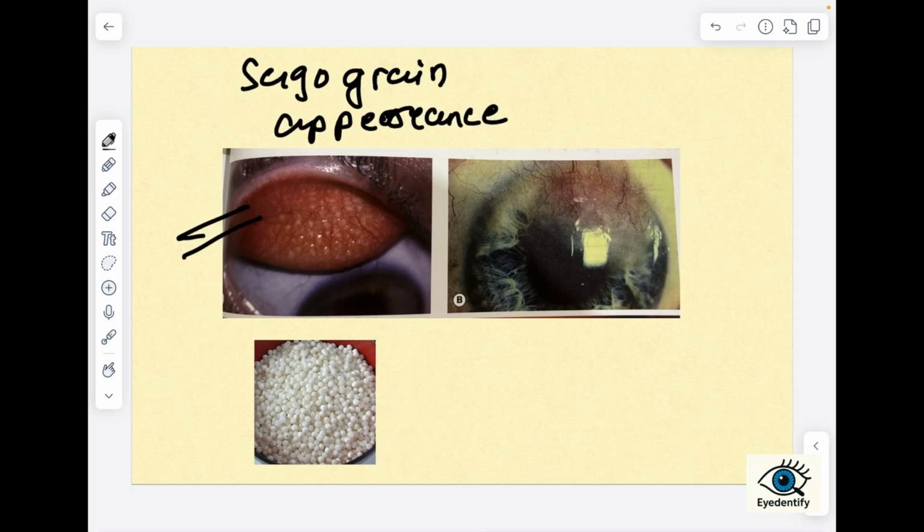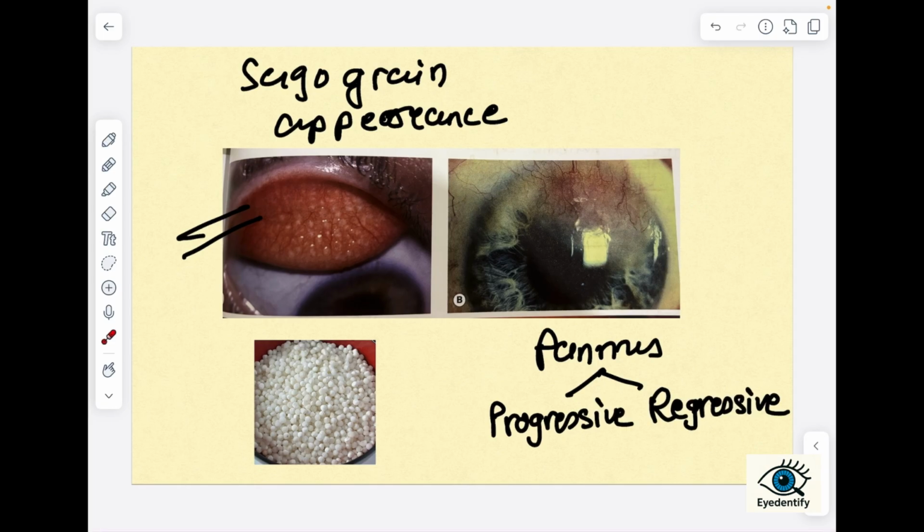What is this? This is the cornea. And what we are seeing is vessels here and some inflammatory infiltration, whitish infiltration. So this is a pannus. Pannus is of two types, progressive and regressive, defined by the level of infiltration.